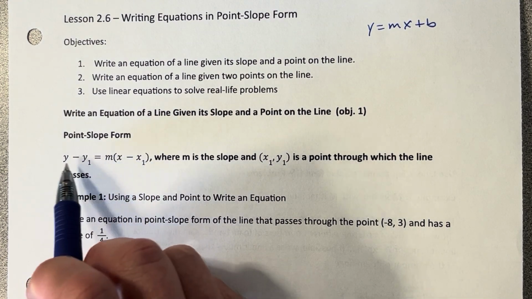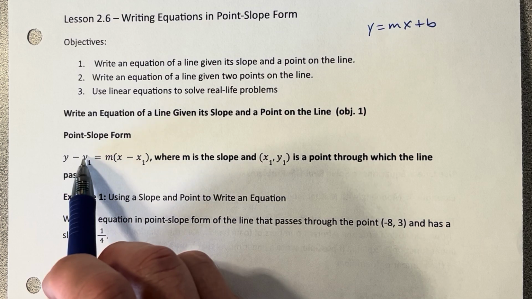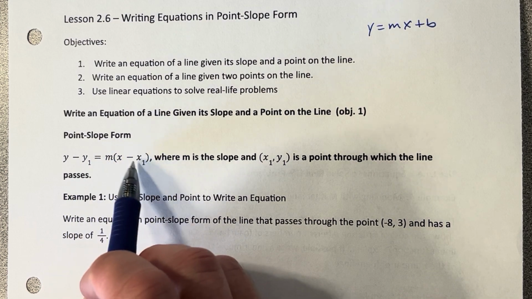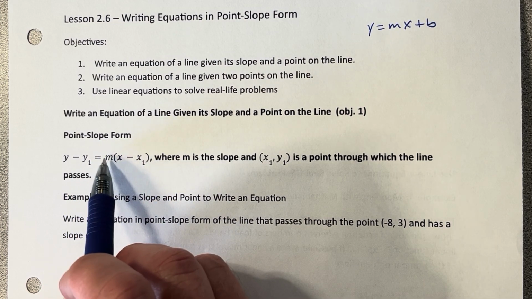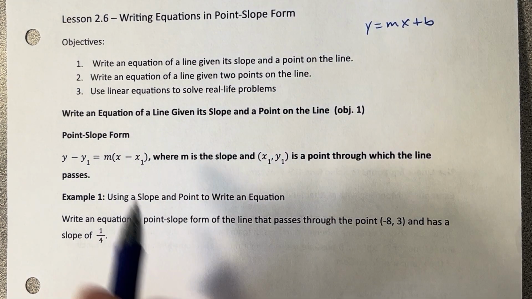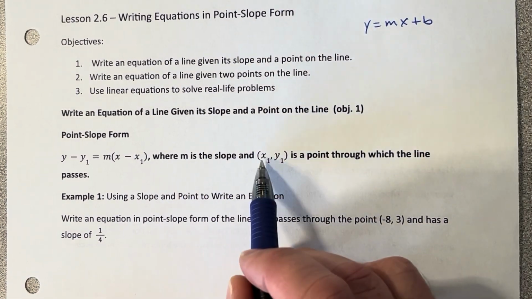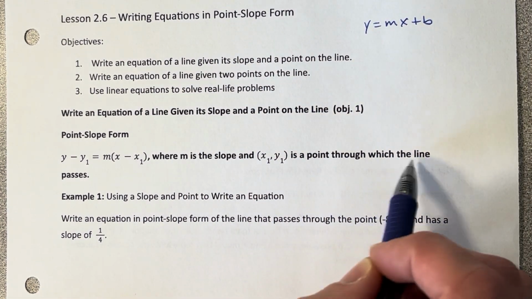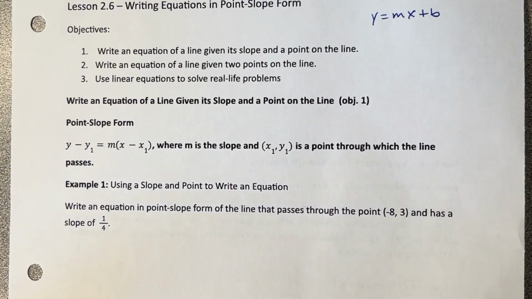They can be lots of different things, but when you use a specific point and a specific slope, you'll be able to fill in and write a unique line, which is cool. All right, so m is the slope, and then x1, y1 is just a point through which the line passes. Okay, so let's see this in action.